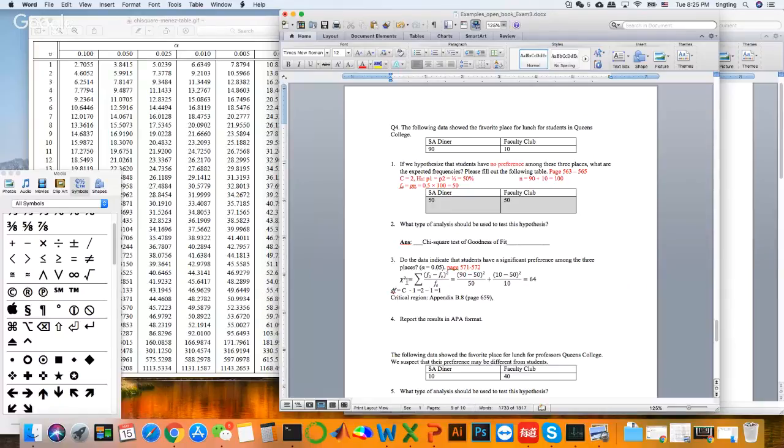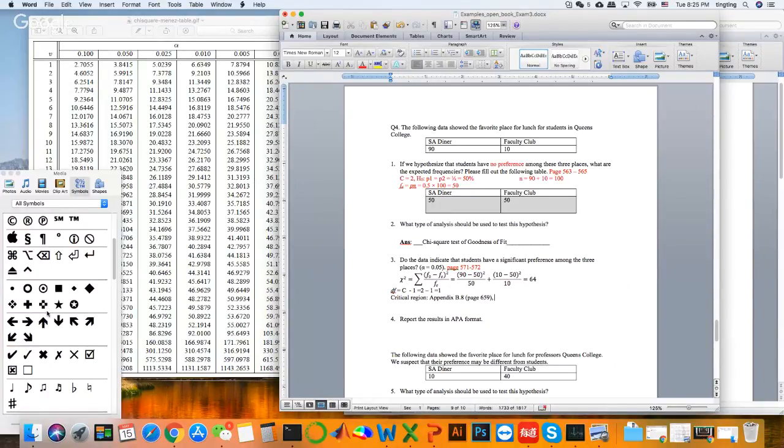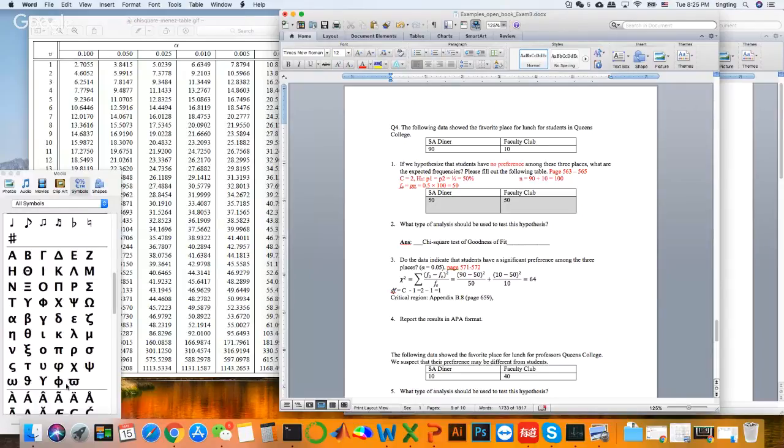So it should be chi-square greater than... what was my number? Equals 1.05.